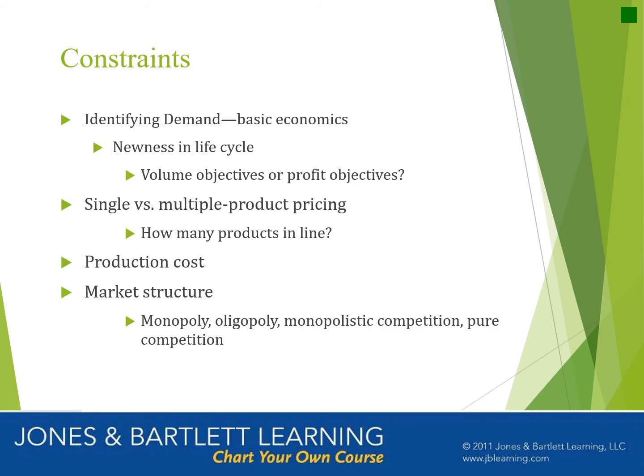So some of the constraints that we might face is basic supply and demand with economics, and what are our production costs, but also what's our market structure? Are we a monopoly? Okay, so cable companies can do certain things because we don't have good competition and we don't have good substitutes.